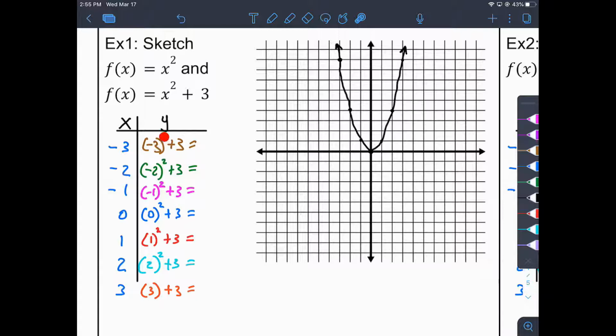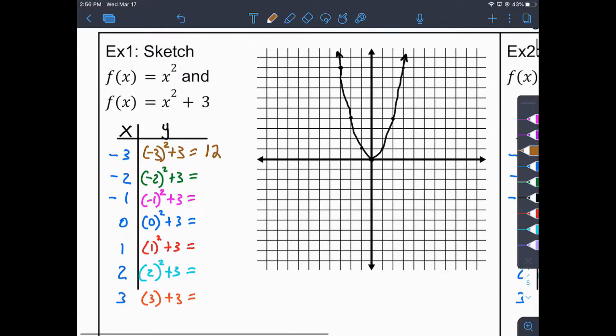I've got negative 3 squared, which we know is 9, and we add 3 more to it. It gives us 12. That means I can plot the point negative 3, 12. I would go backwards 1, 2, 3, and up to, well, this is 10, so 11, 12. It's going to be just slightly off our graph.